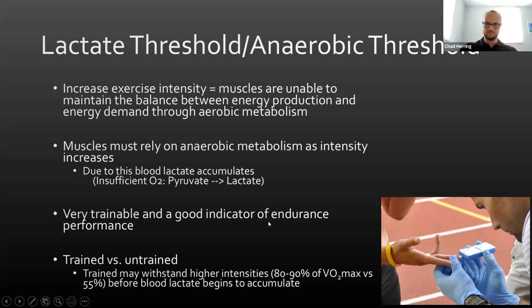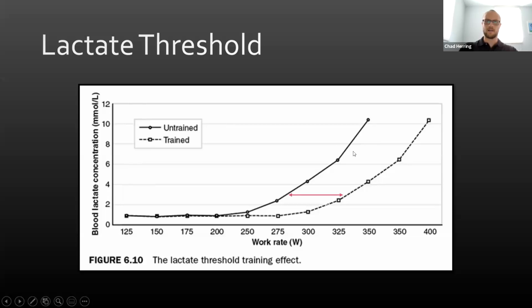Well, there you can see in words. I'm more of a picture guy, so I'll show you guys. This is trained versus untrained. We can look at this as two different individuals, but we'll just look at it as trained versus untrained, just like the graph shows. Essentially we can look at it two ways.